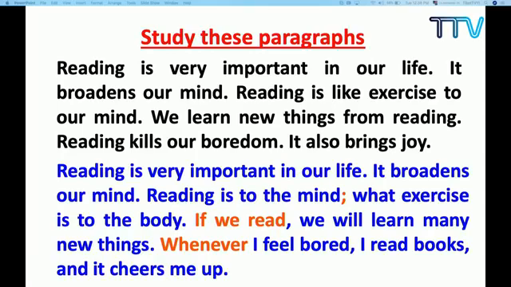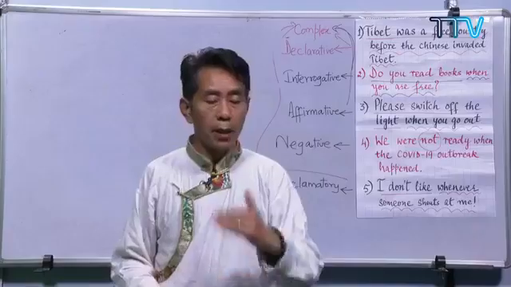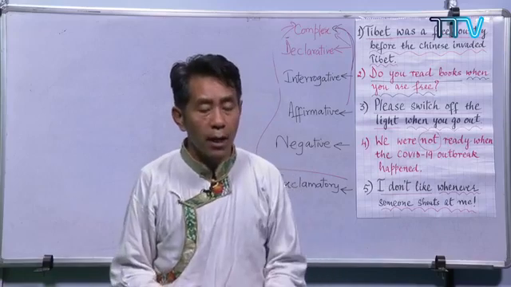If you look at the second paragraph, you will see that all four types of sentences are used here, starting from simple, then the compound, then the complex, and finally the compound-complex sentence, which is the highest degree, the most difficult part.